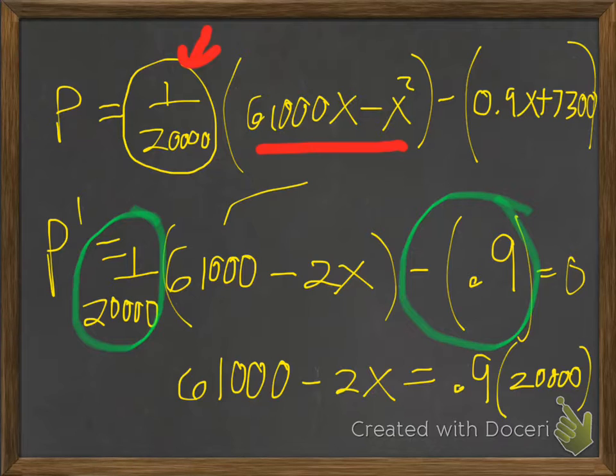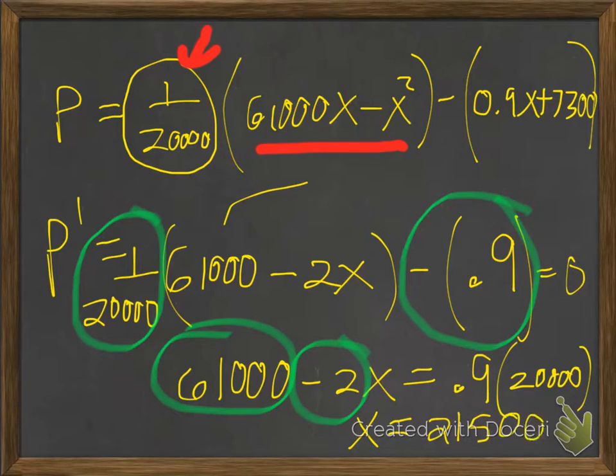Next, you're subtracting 61,000 and dividing by negative 2. So I'm going to subtract 61,000 from both sides, and then I'll divide both sides by negative 2, and we're going to get x alone. I'll just write the results here so that we can move ahead. And so you get 21,500. Okay, that's our one critical value.